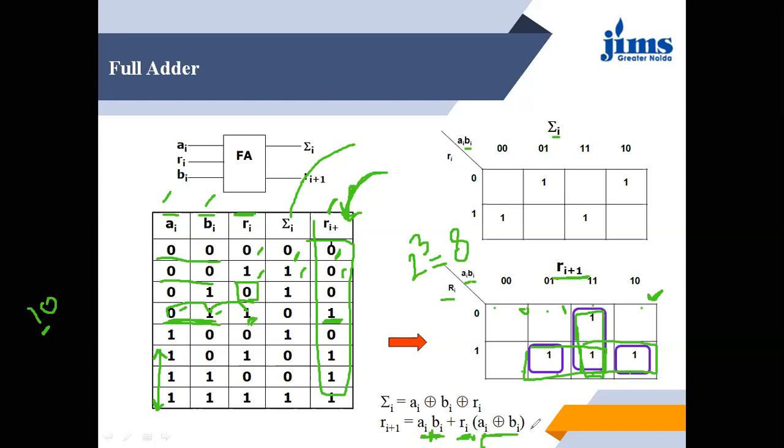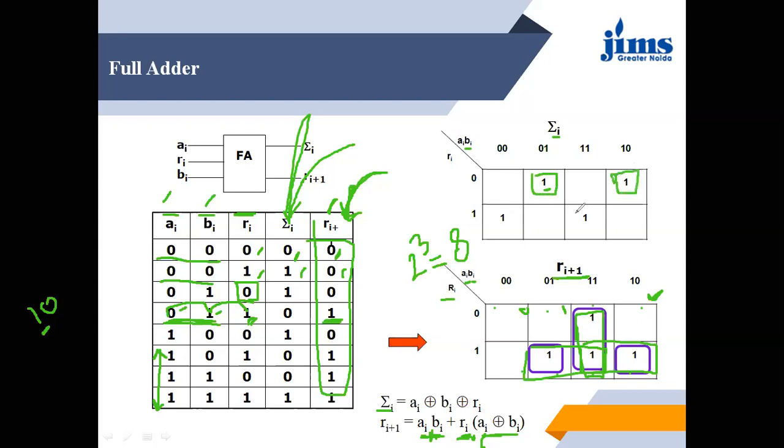Now in the same way, if I want to find out the equation for the summation, then these are the four values. From here I can write these four values for the one. So when I am making combinations, there cannot be any combinations of one. So I have to take each and every one individually.